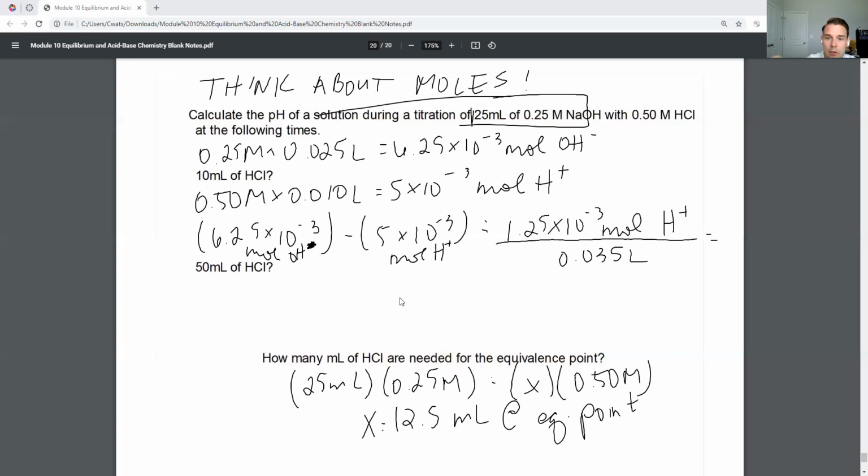And so this concentration will be 0.036 molar. And so then I will calculate the pH.